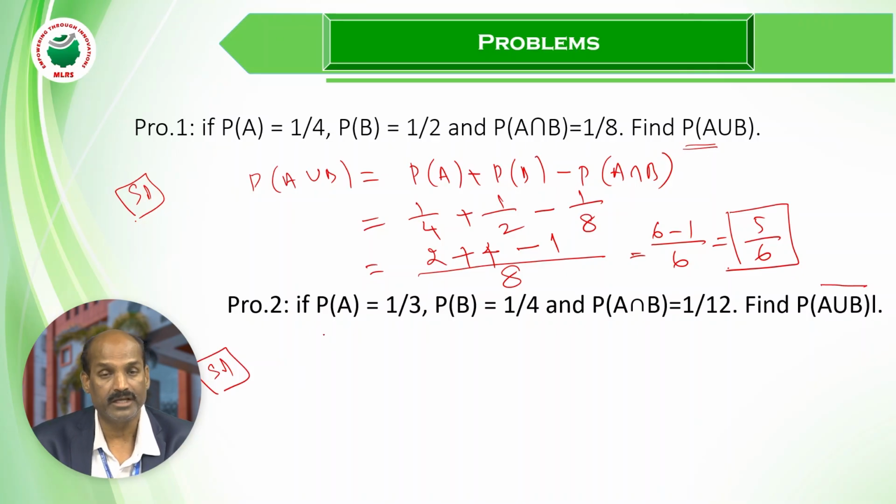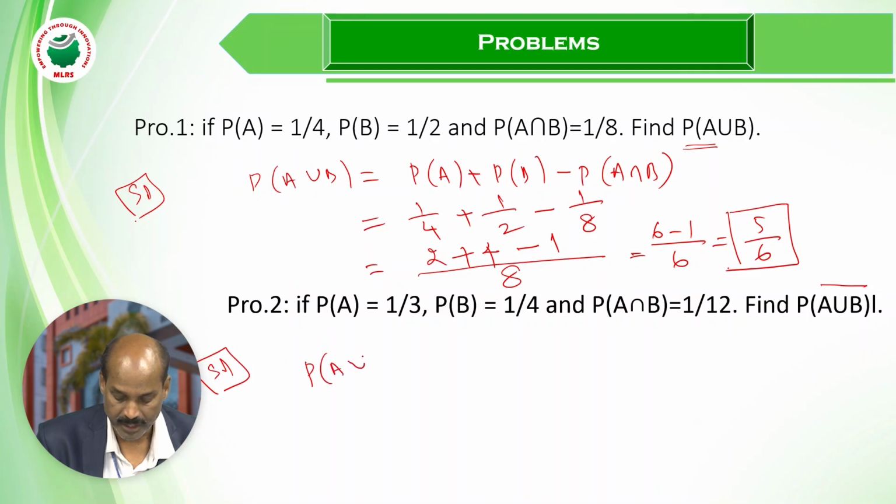So what is the given data here? Probability of A equals 1 by 3, probability of B equals 1 by 4, probability of A intersection B is 1 by 12. So from the given data, now we write what we actually need: probability of A union B complement.